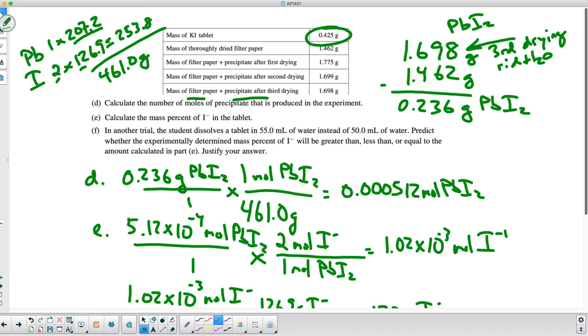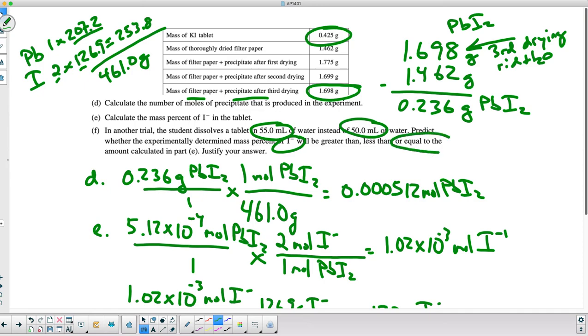So this is going to be a pretty easy question to answer, because if you add 5 milliliters of water to what you've already done, and we're getting rid of the water in our drying right here, then the water doesn't change the mass of the iodide that we get out of it, if that's the only thing you're changing. It doesn't change the mass of the tablet either, because you're putting the same kind of tablet into the water, just a little bit more water, but we get rid of the water.